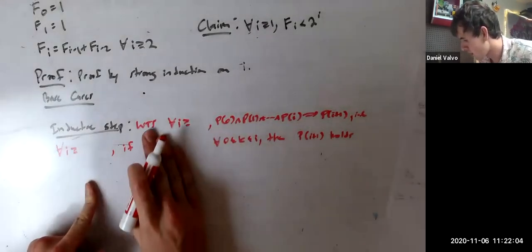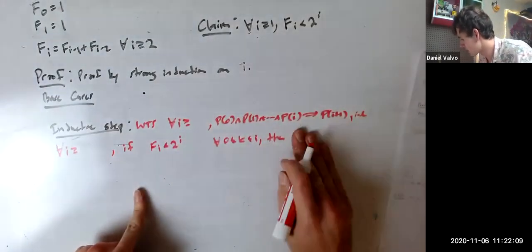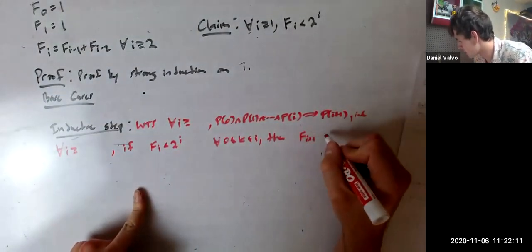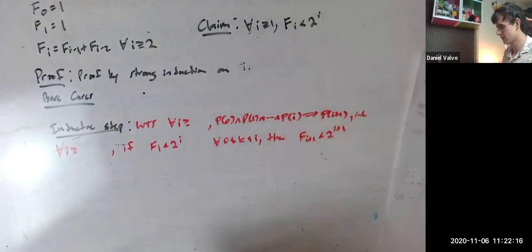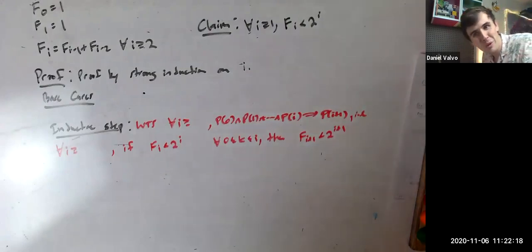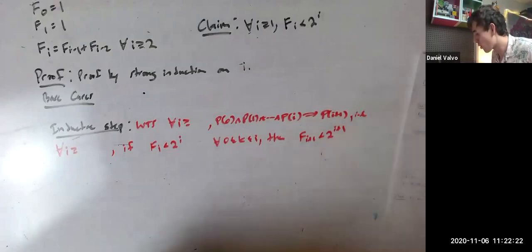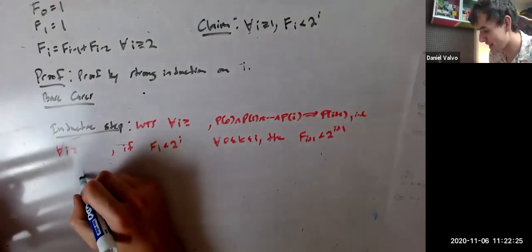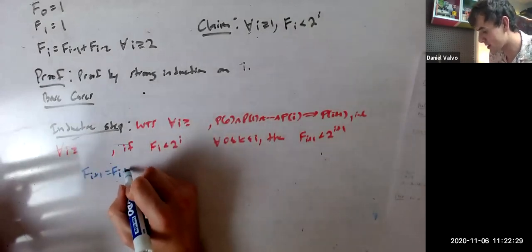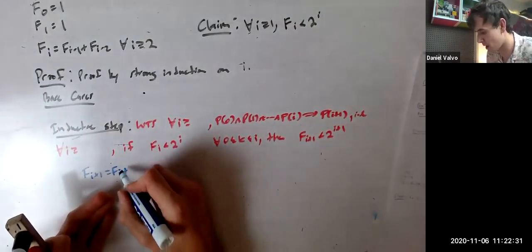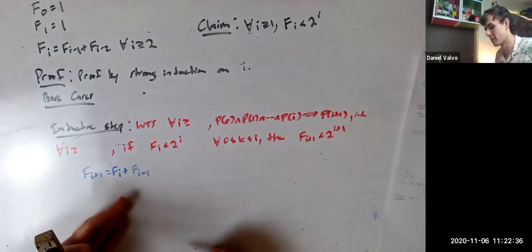And what's our P(k) here? Well, our P(k) is F(k) less than 2 to the k. And so this is F(i+1) less than 2 to the i+1. That's the idea. And how do we prove this again on our side? Remember, our whole idea was to write F(i+1) as the two previous terms, so F(i) plus F(i-1).